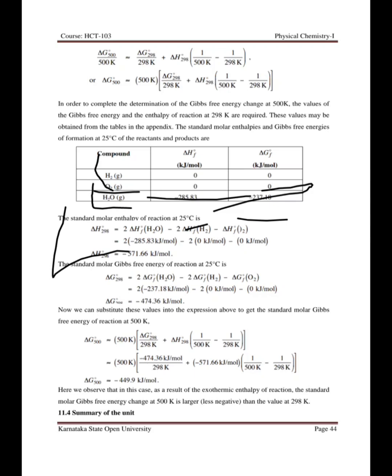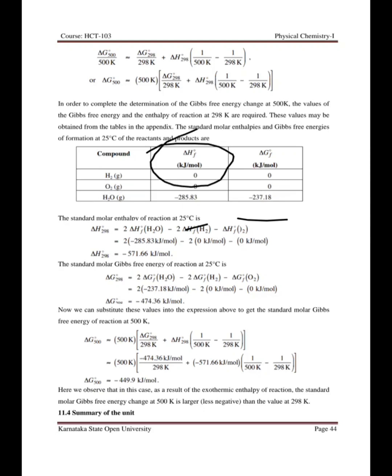The whole thing is with respect to delta H for the enthalpy and delta G for the Gibbs free energy. You subtract the reactant from the product, the water. That is what they have done here.